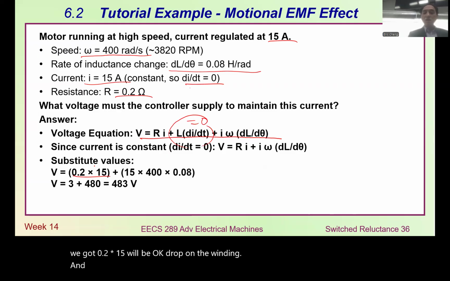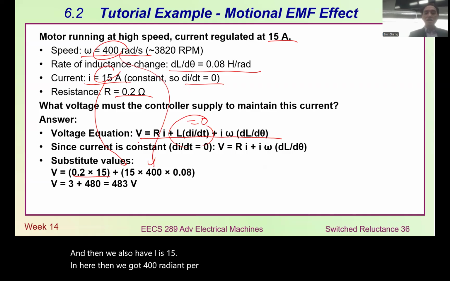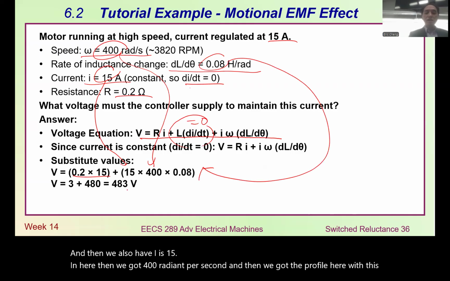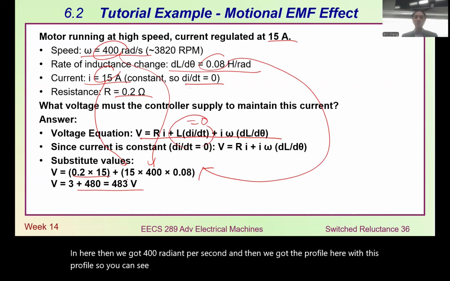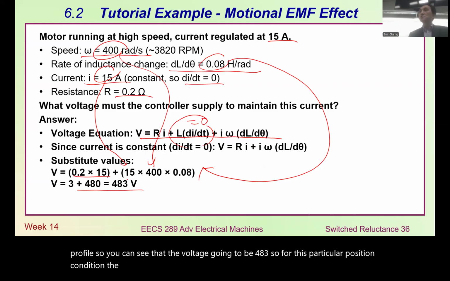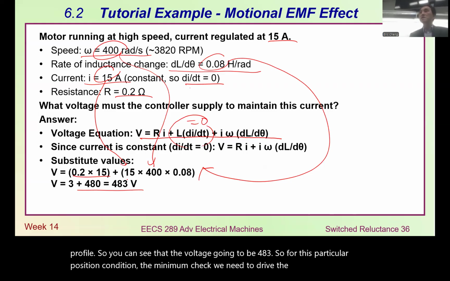And then we also have I is 15 in here. Then we got 400 radian per second. And then we got the profile here, this profile. So you can see that the voltage is going to be 483. So for this particular position condition, the minimum voltage we need to drive the motor will be at least 483 volt.